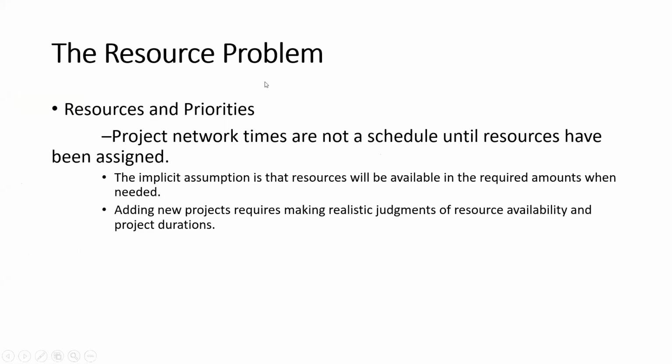So the resource problem. There can be some resource problems or resource issues in a project, right? Resources and priorities. Project network times are not a schedule until resources have been assigned. So after assigning the resources, we can finalize the project network, right?